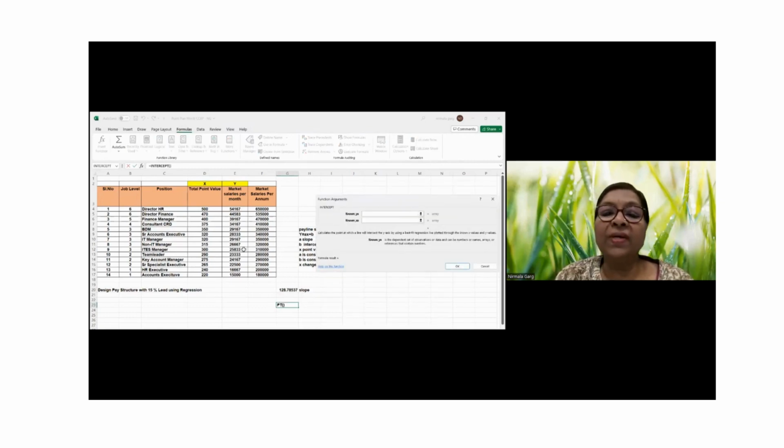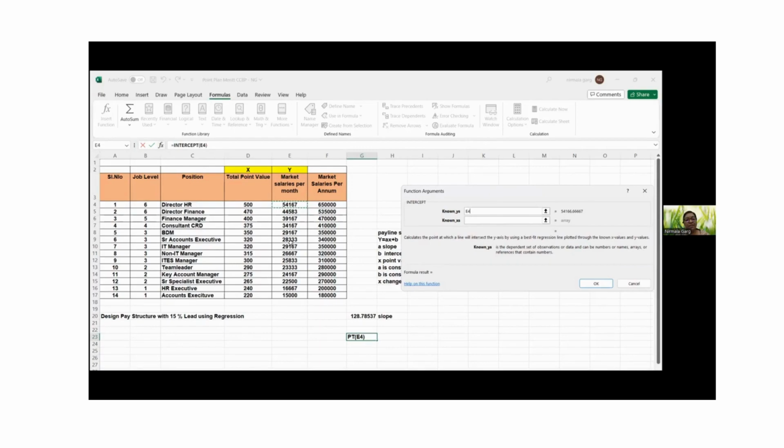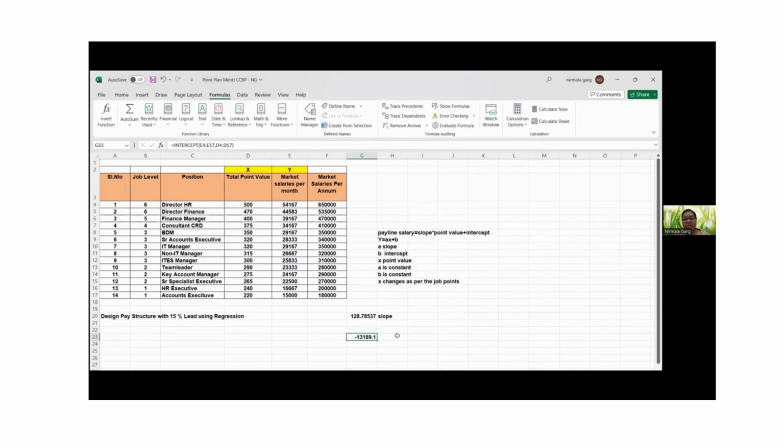Known Y, then known X. Then say okay. So what is this value? Intercept. Okay. And later I'll also explain diagrammatically what is slope, what is intercept. But right now, just understand these two statistical terms, calculate slope and intercept.